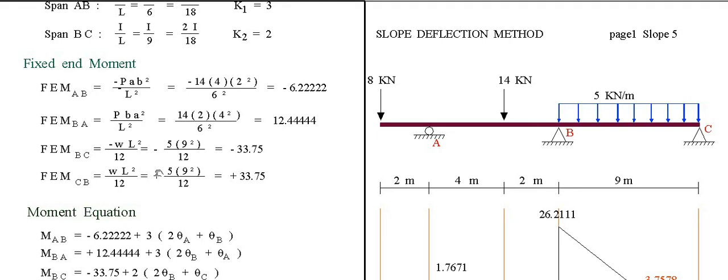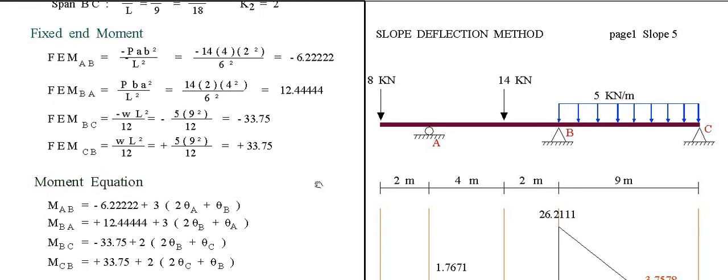The fixed moment BC, this is negative, is equal to WL square over 12. So we have the W of 5, the span is 9, then divided by 12. This is negative, then this at C positive.